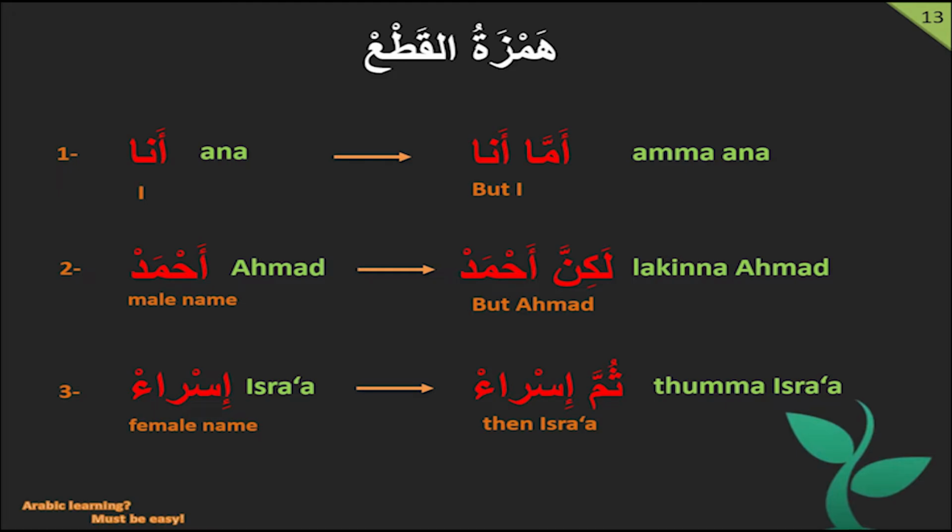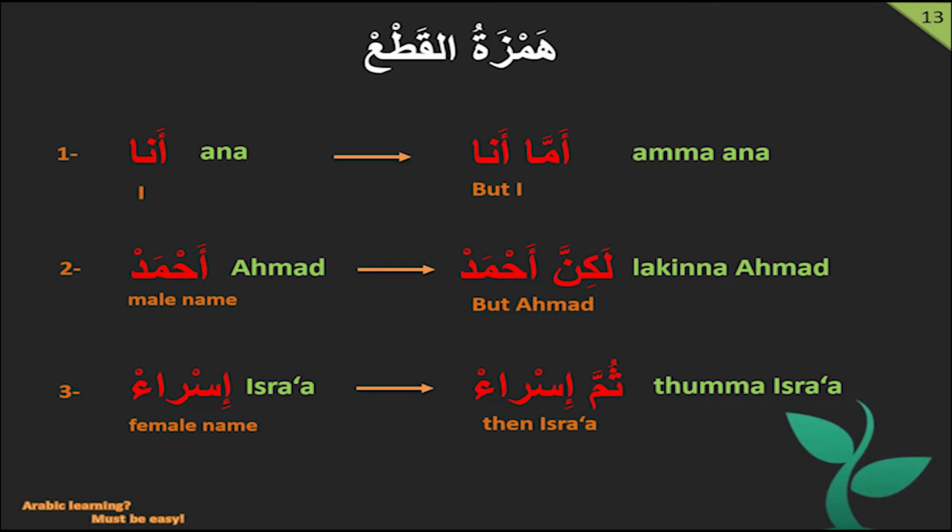In the second example is Ahmad, with the addition of lakinna, means also but, are pronounced together lakinna Ahmad. The third example is Isra, is a female name, with the addition of thumma. Thumma means then, are together pronounced thumma Isra.